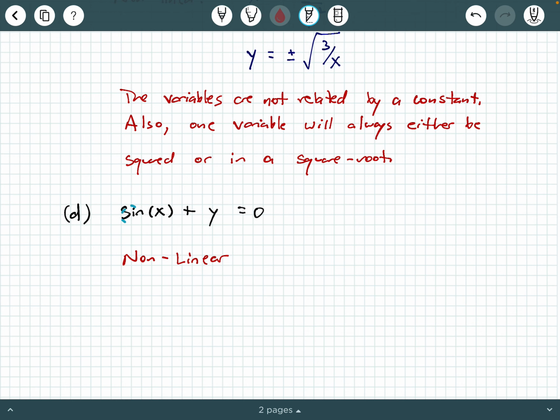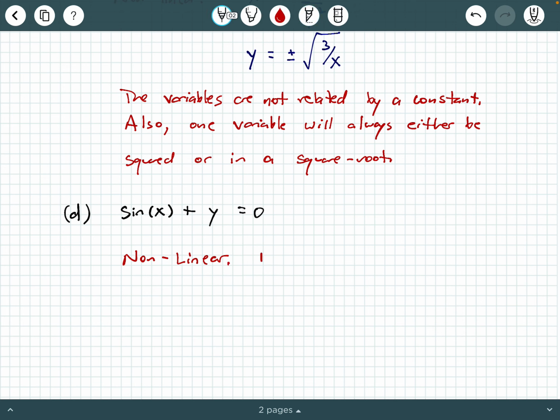So we have the sine of x. We have the sine of that independent variable x. So no matter how you look at this, either x will be trapped inside of this sine operation, or if you tried to solve for x, you would end up with an arc sine. You would have an arc sine operating on the y variable.